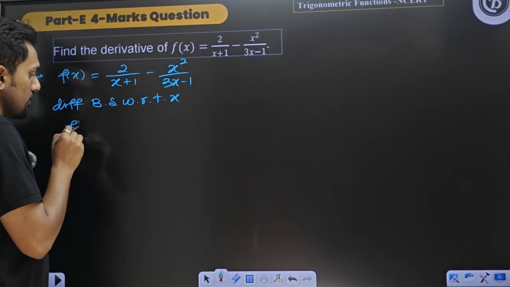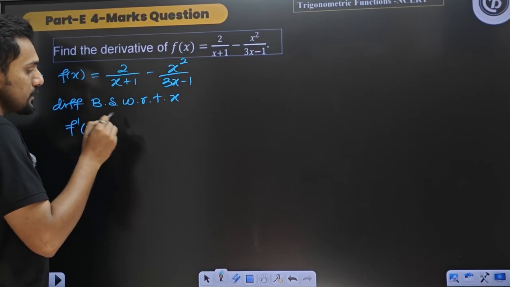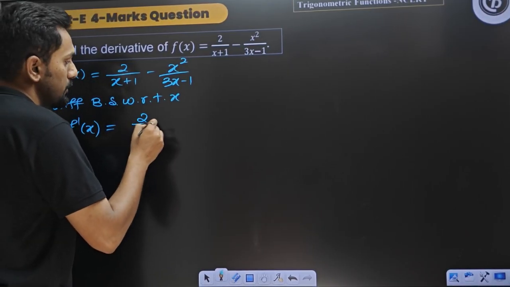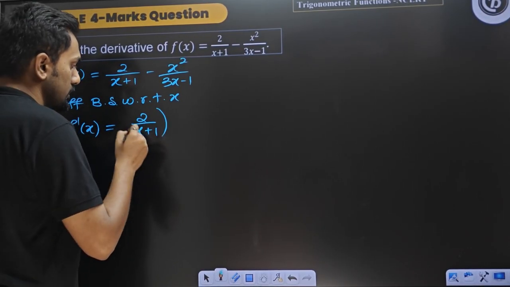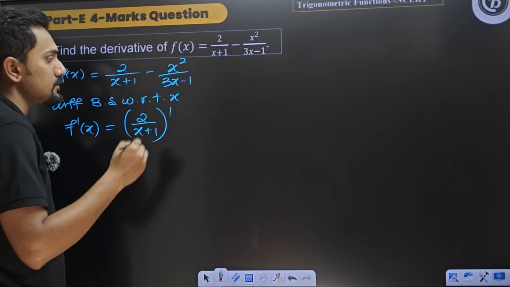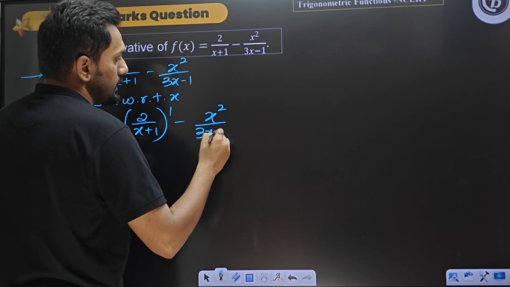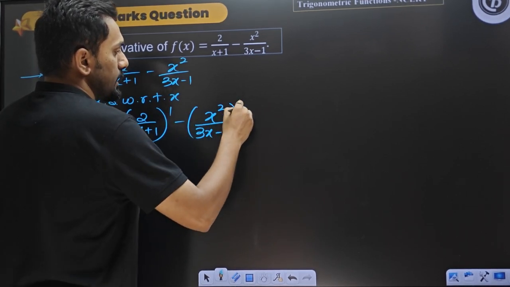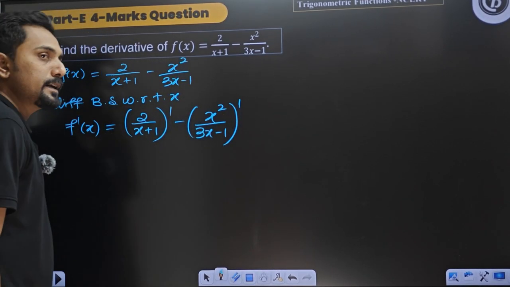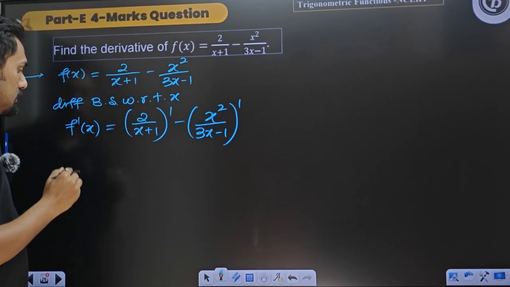Okay. So first f dash of x becomes equal to the derivative of 2 divided by x plus 1, minus the derivative of x square divided by 3x minus 1. Dash indicates d by dx. Okay.